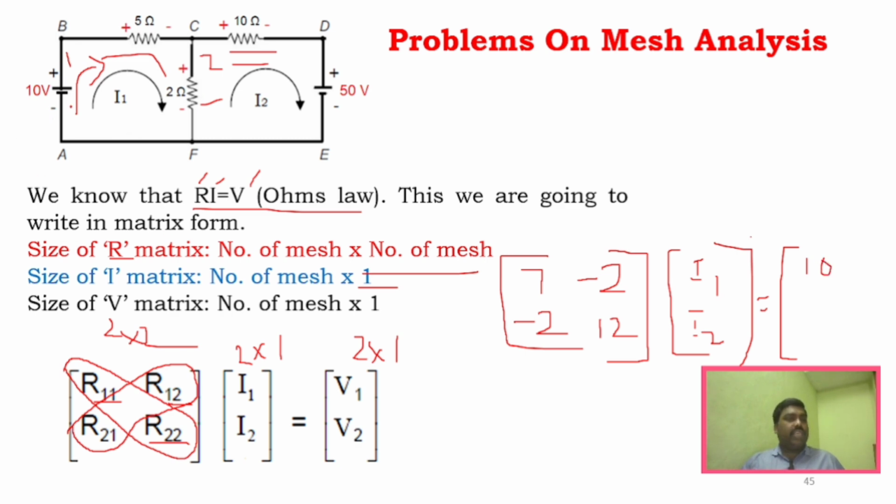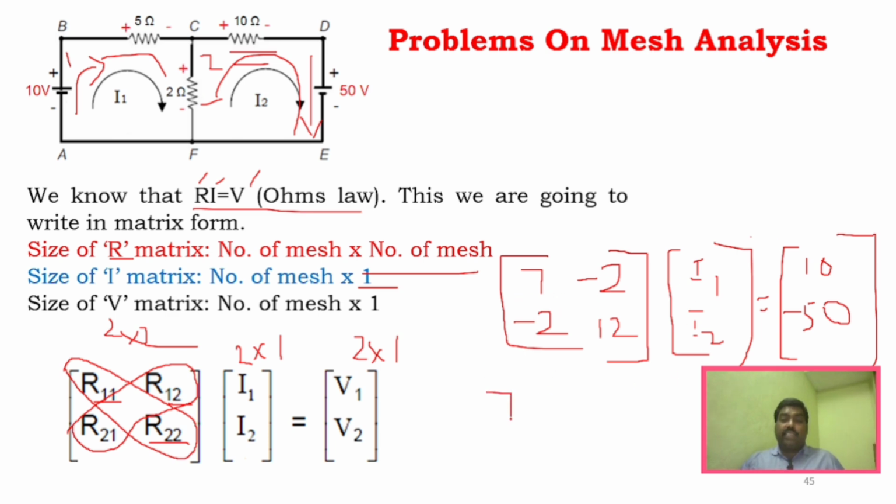That is a voltage rise. Whereas here, current flows in this direction, so we approach in this direction, which means from positive to negative, that is from higher potential to lower potential. So it will be minus 50. And now you can write the equation.